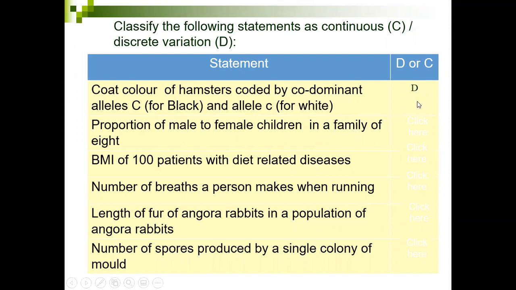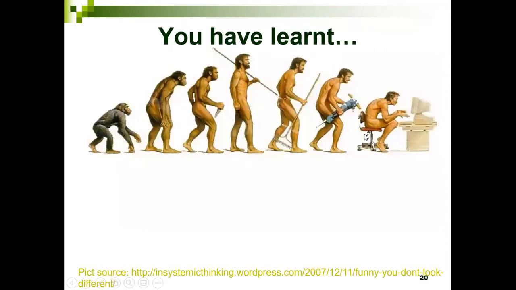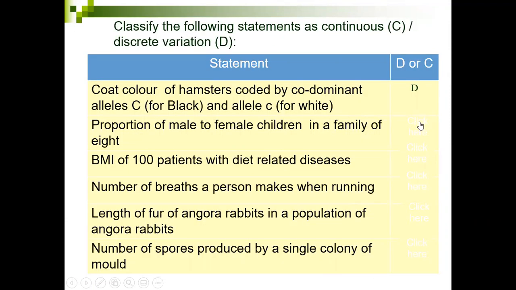It's either black or white, or black or gray color. So discrete. Second one, proportion of male to female children in a family of 8.